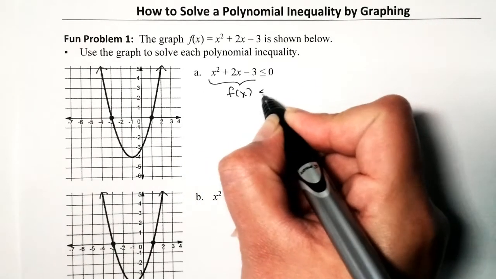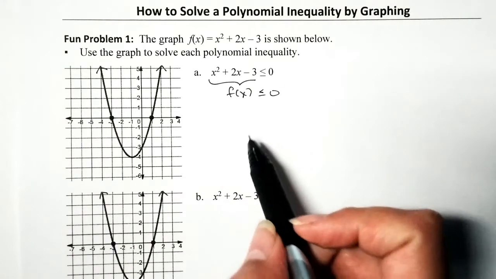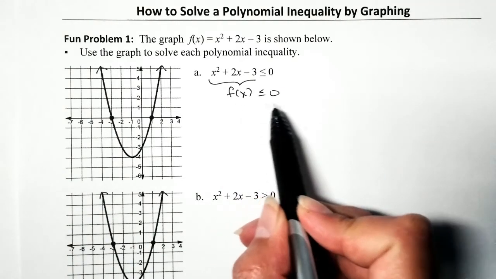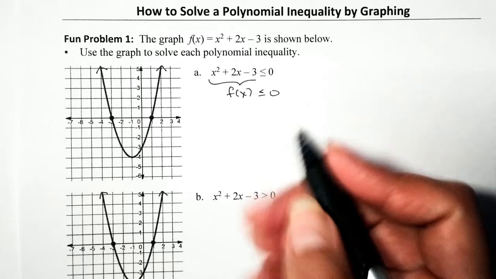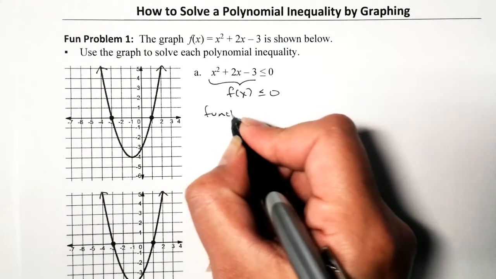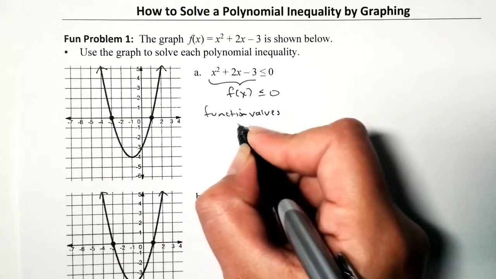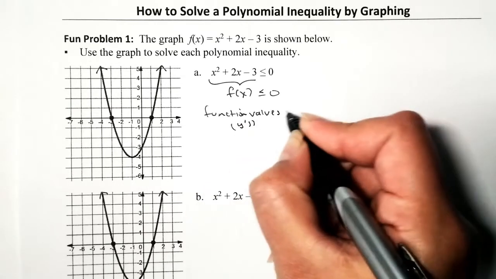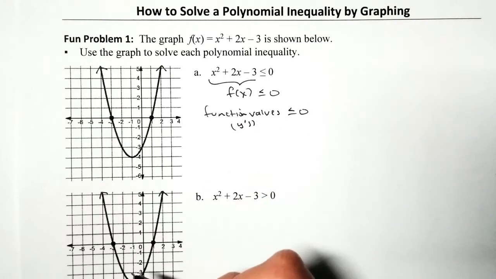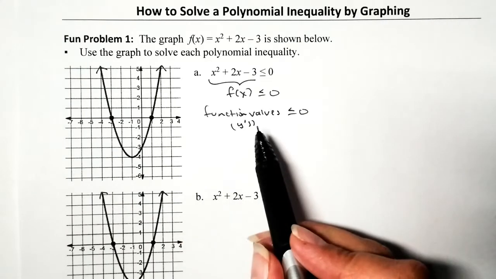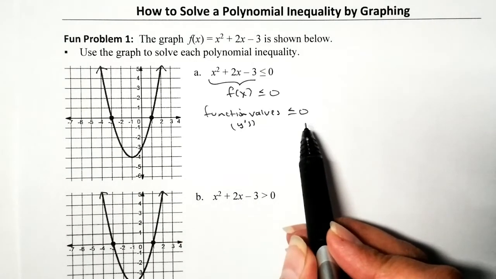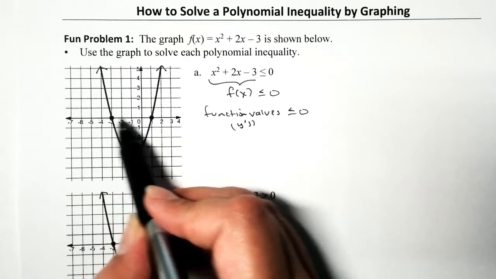Okay, so the question is, I want to know, where is the function less than or equal to 0? And when I say function, I mean function values. And the function values are dictated by the y's. So where are the function values less than or equal to 0? So this is the x-axis.